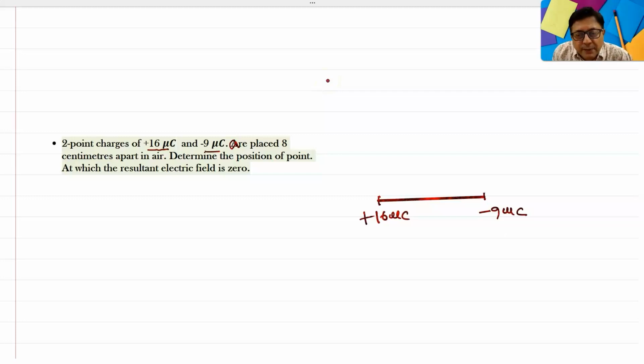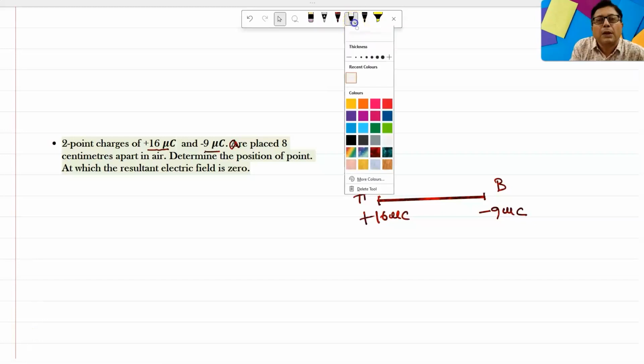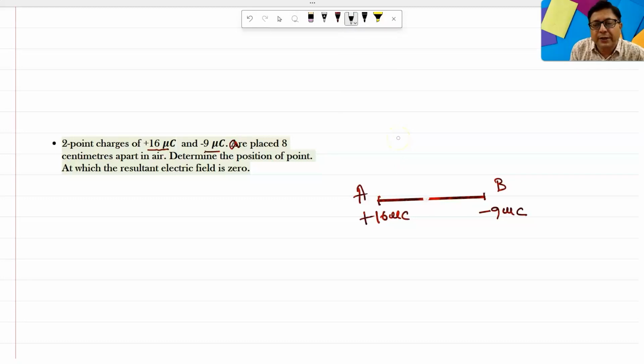So let me discuss the principle here. We have to keep vanishing this small test charge so that it experiences no force. But can that point be here?